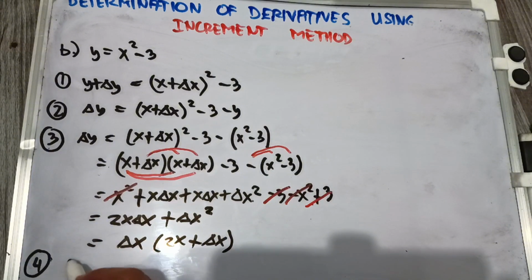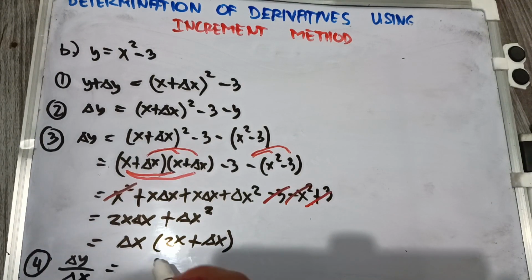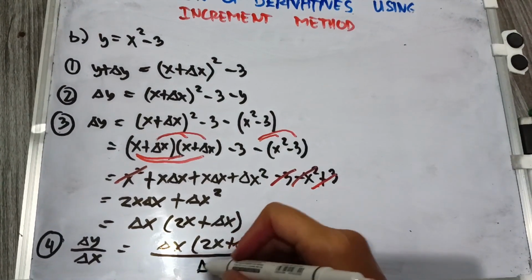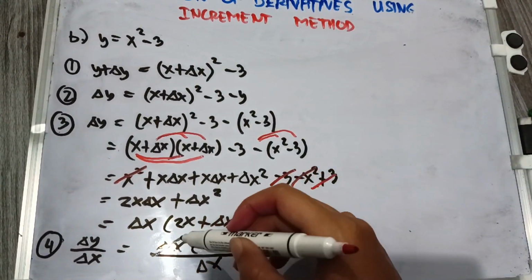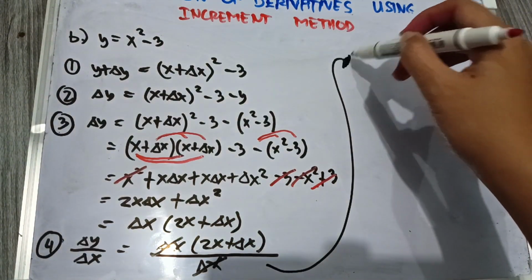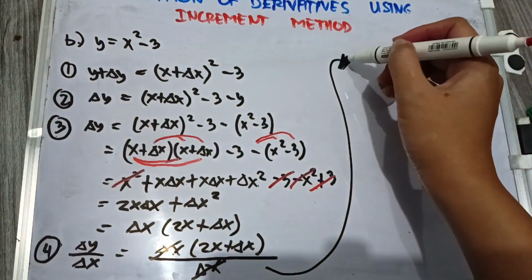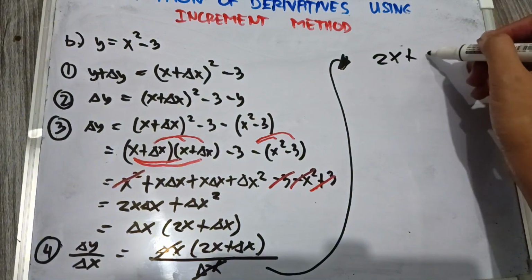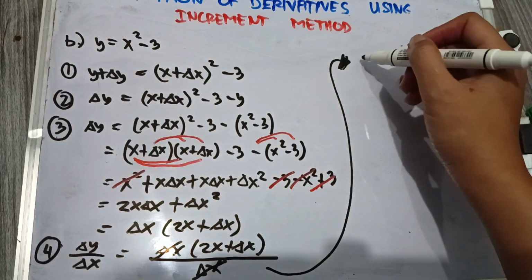In step number 4, we're going to divide delta y by delta x is equals to, copy this one, delta x times 2x plus delta x divided by delta x. So cancel, cancel. So the remaining equation is 2x plus delta x.